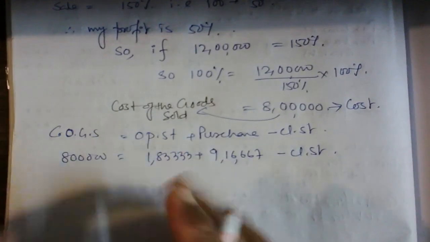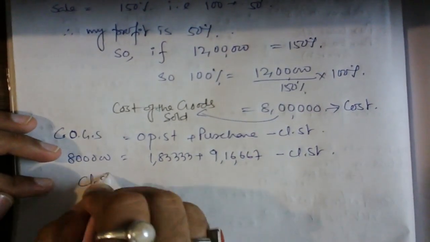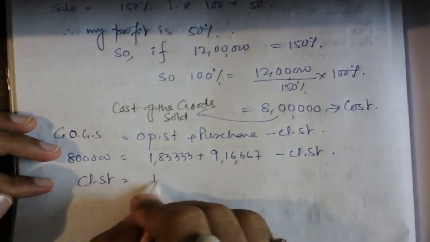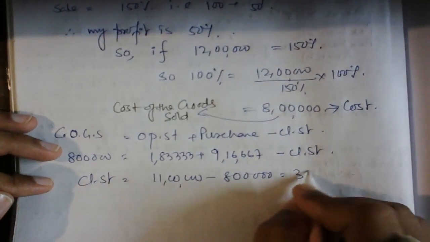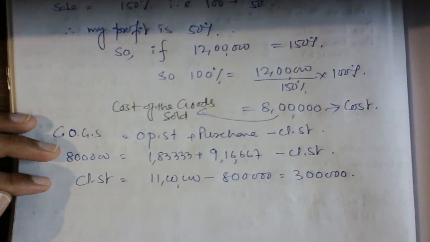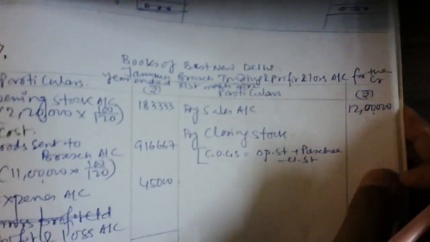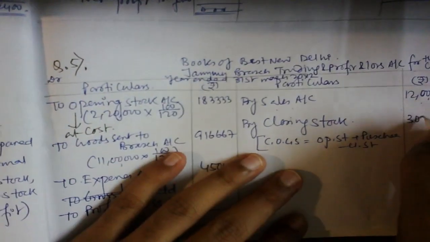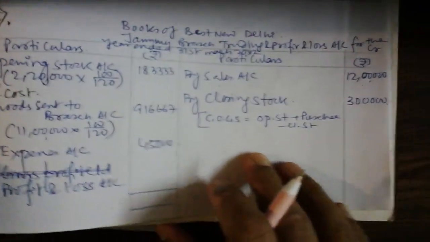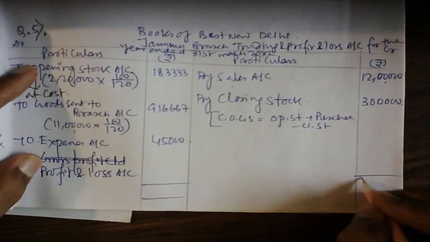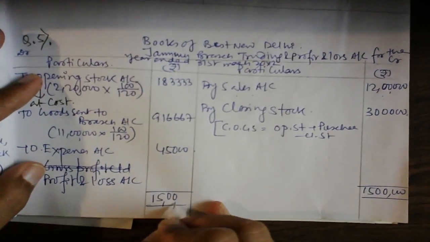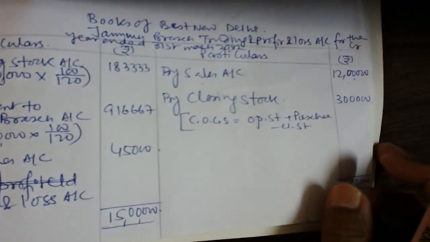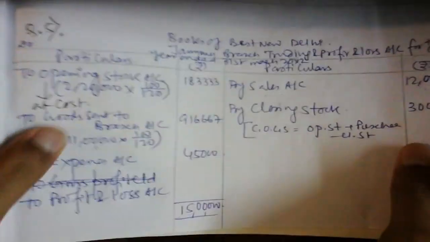If I change sides, closing stock goes to the left and 8 lakh will be on the right-hand side. 11 lakh minus 8 lakh is 3 lakh, which is the closing stock. Perfect. देखिए यहाँ पे plot कर दीजिए closing stock 3 lakh rupees. Now you calculate the gross profit, net profit. So it will be 15 lakh. Perfect.